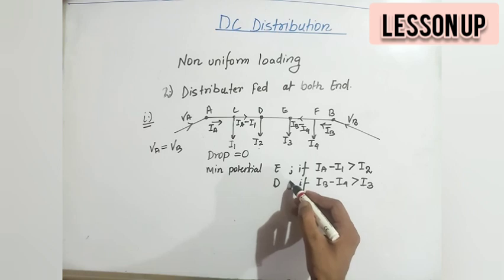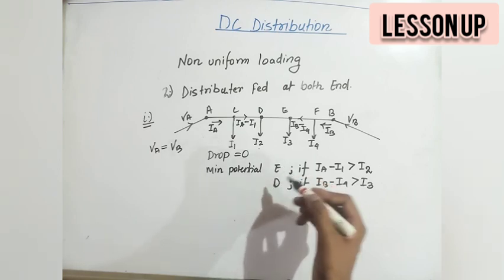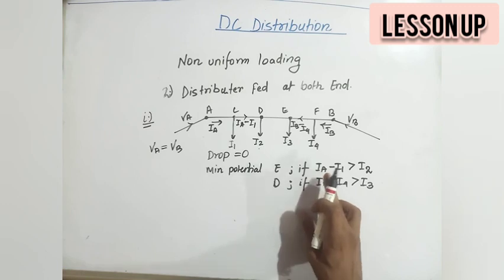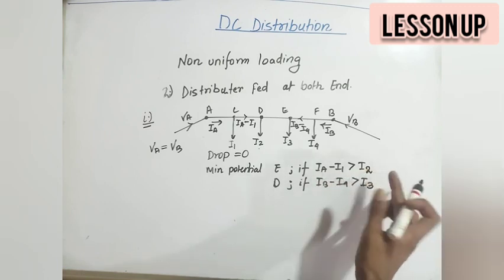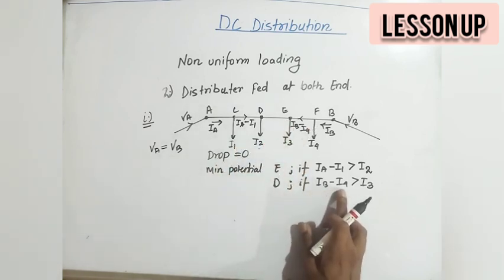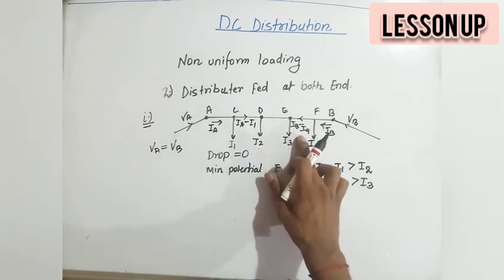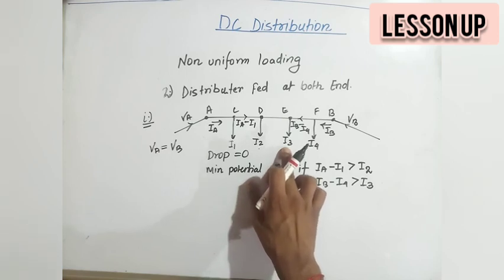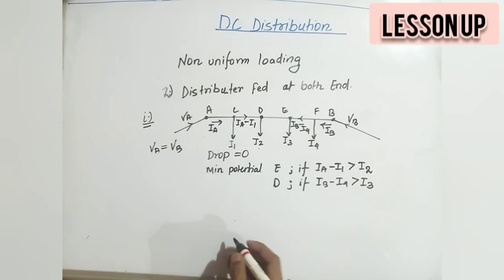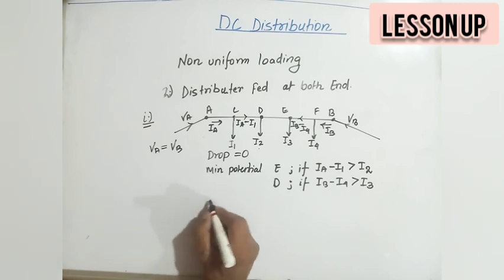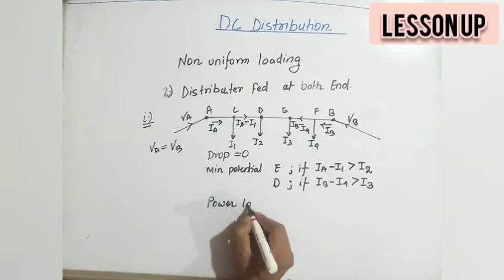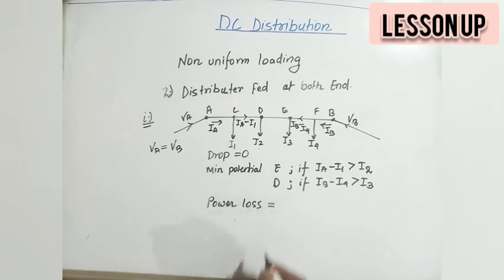So the minimum potential can be E or D, but it always depends on the current. If IA minus I1 is greater than I2, then the minimum potential will be at E, and if IB minus I4 is greater than I3, then the minimum potential will be at D. Now what will be the power loss?